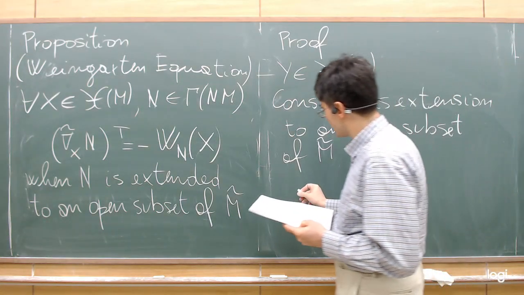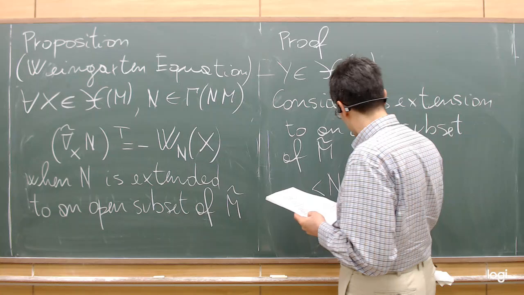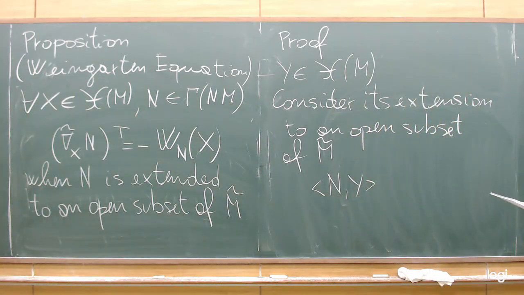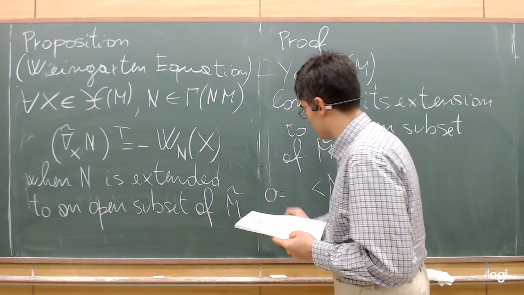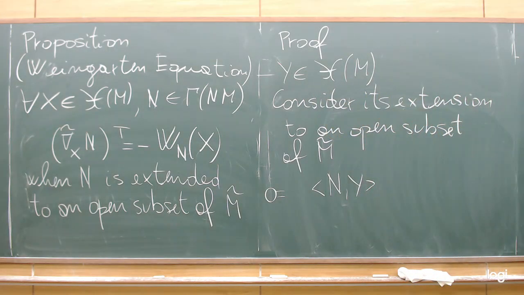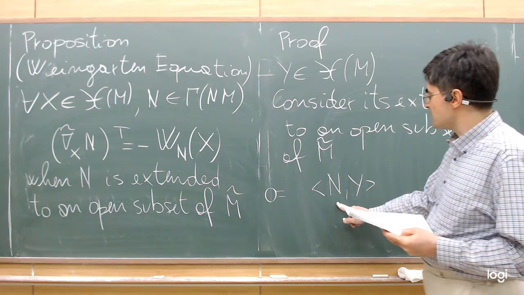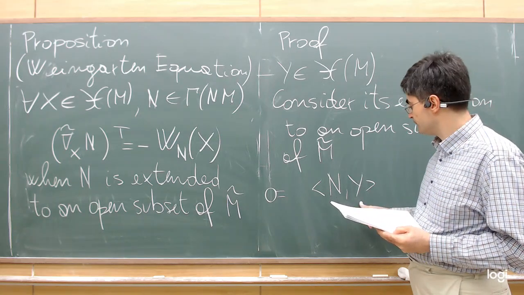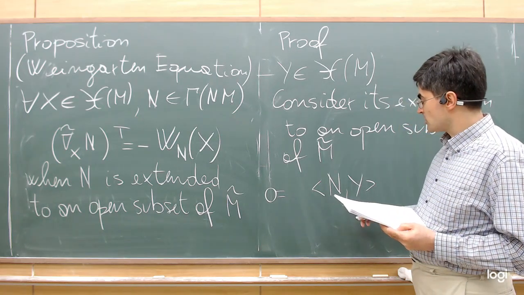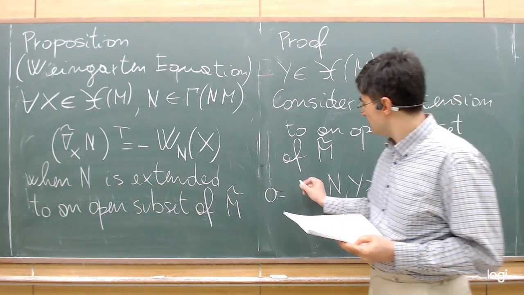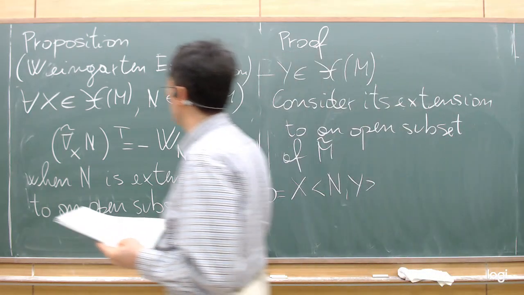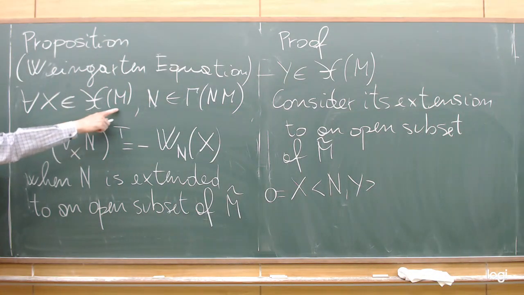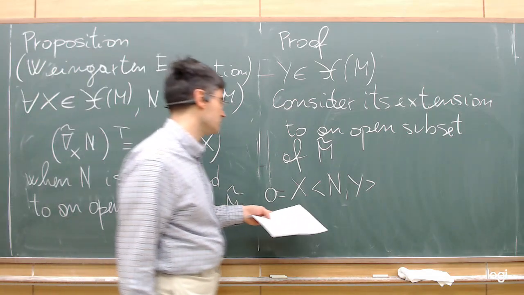Then it makes sense to consider this product, which is 0 along M. Consequently, if I take a vector field which is tangent to M, this is 0.